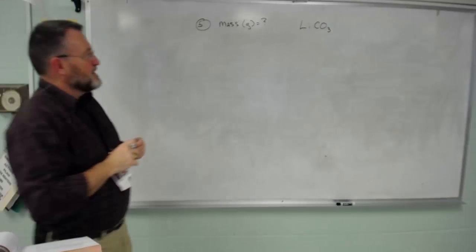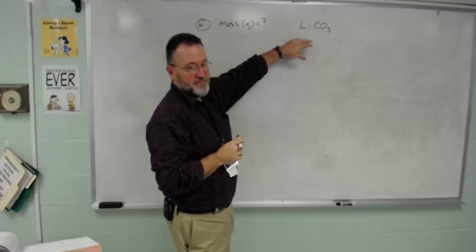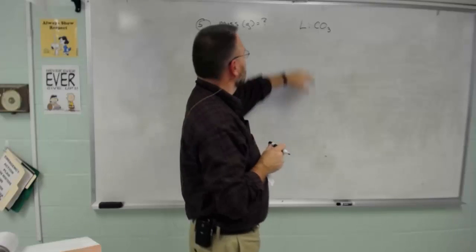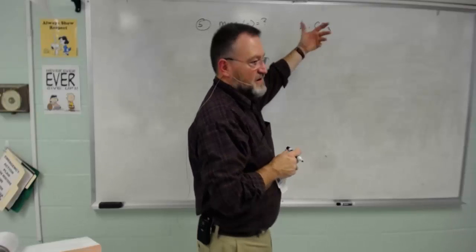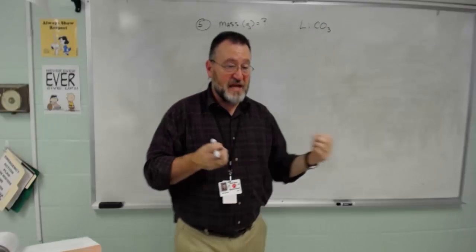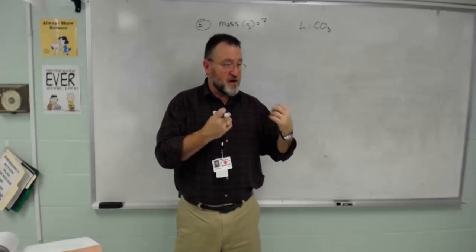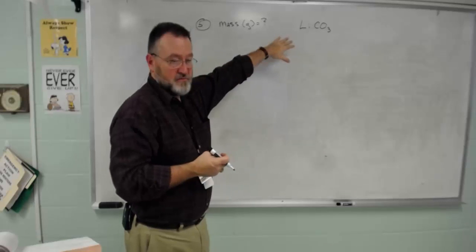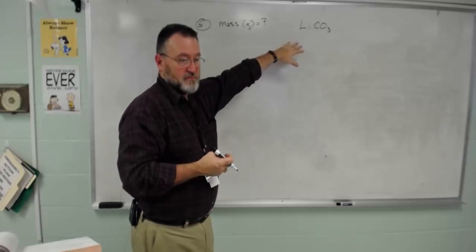Now, this still isn't correct, right? Because first of all, you got to remember, what are the different charges? We're forming an ionic bond. It's a polyatomic ion that's forming an ionic bond to form this molecule, right?